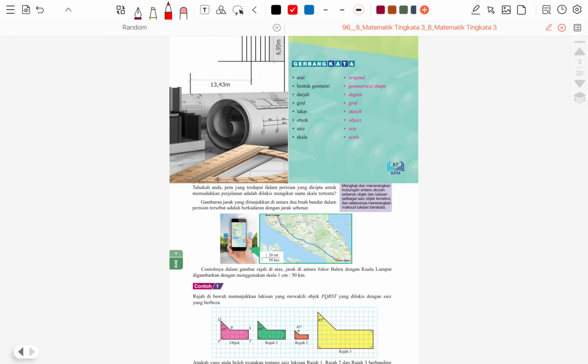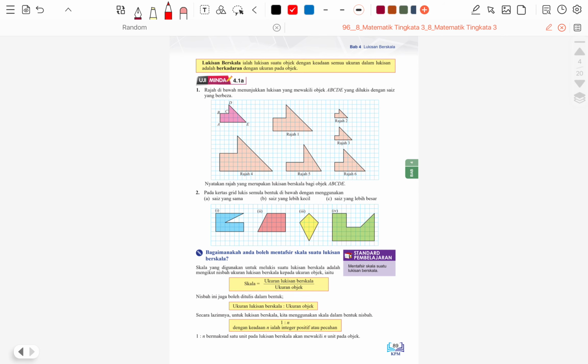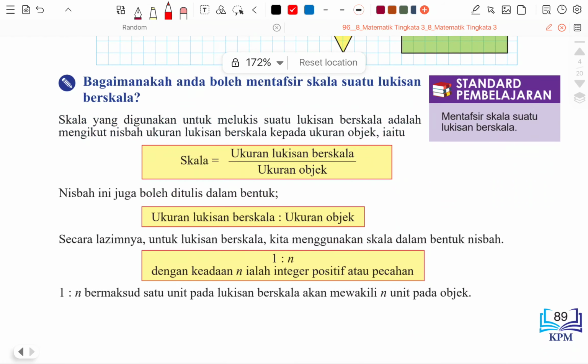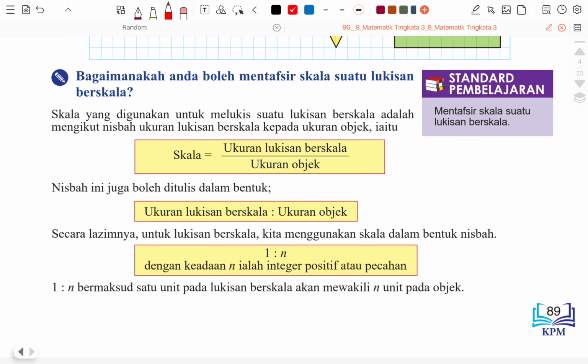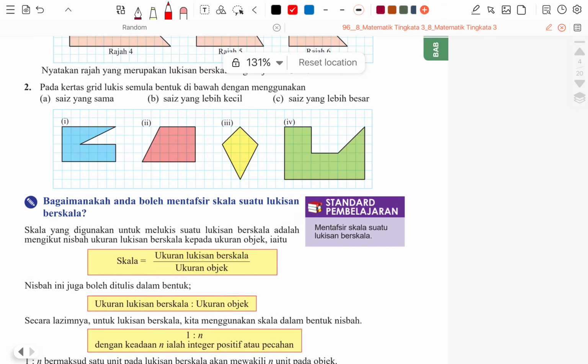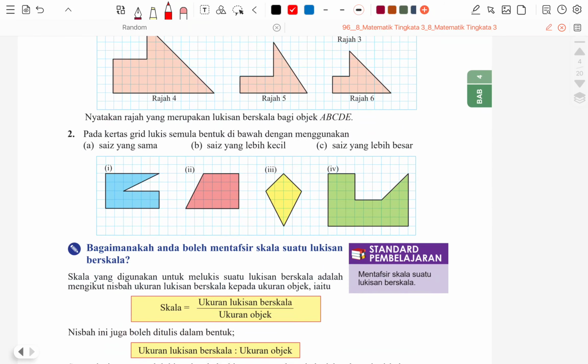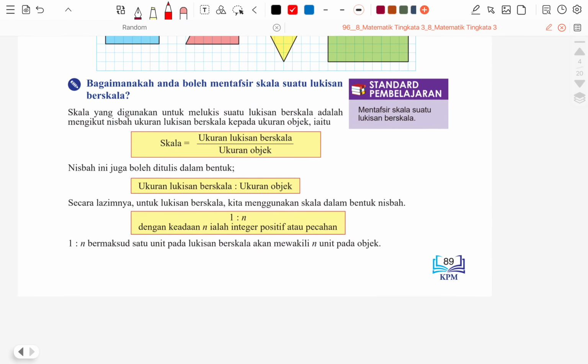Okay, so we're just going to go through the formula. So this is the formula. Skala is equal to ukuran lukisan berskala bahagi ukuran objek. So that's what you will learn in this chapter.